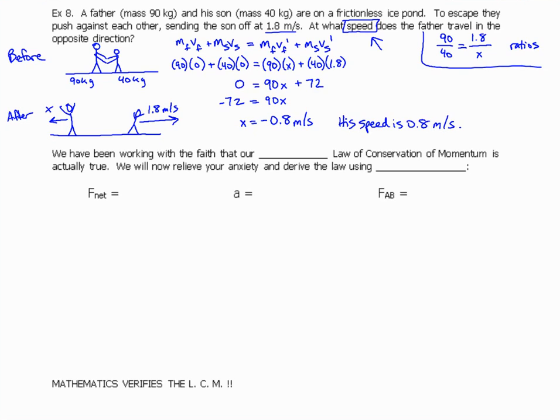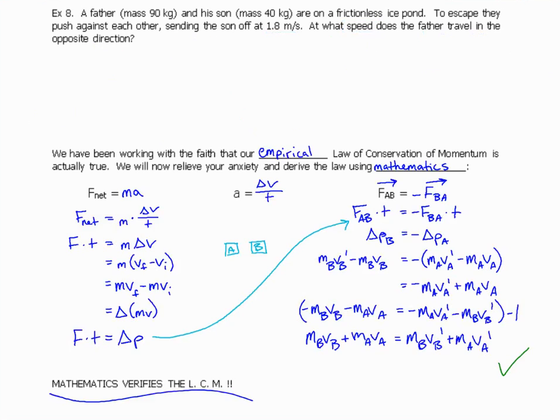But what I want you to do is pause the video and go ahead and write this stuff down. And basically what happened is we took these three formulas, net force, acceleration, and Newton's third law, and we put them together. And so we moved time over and we changed some terms and everything works.